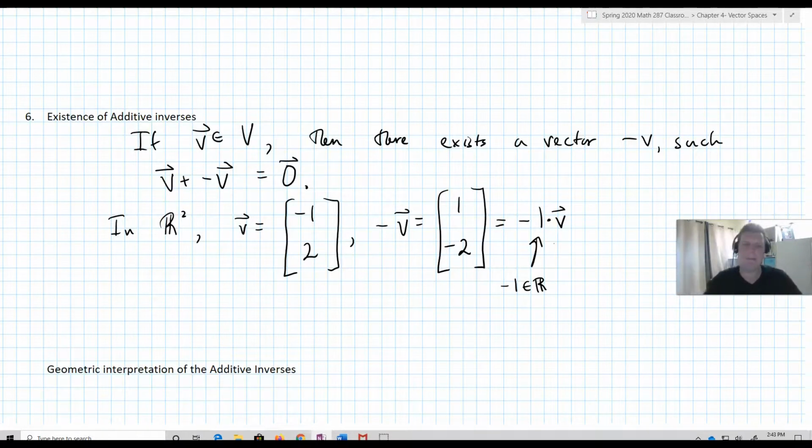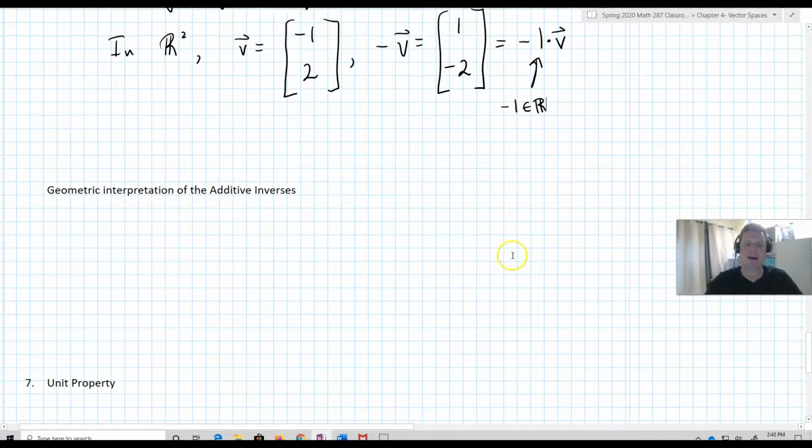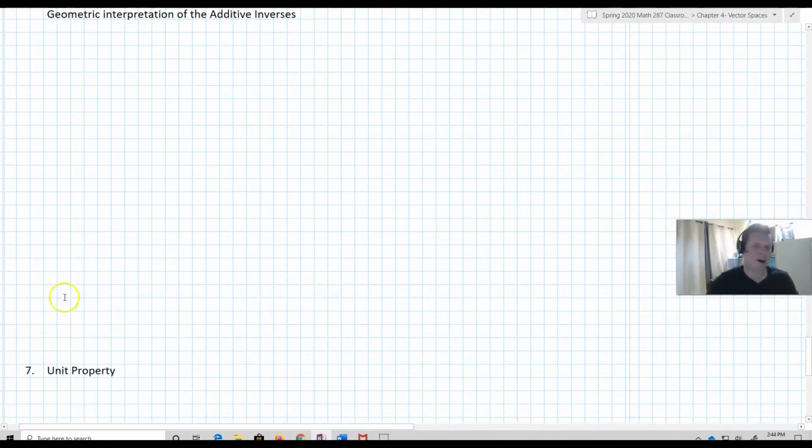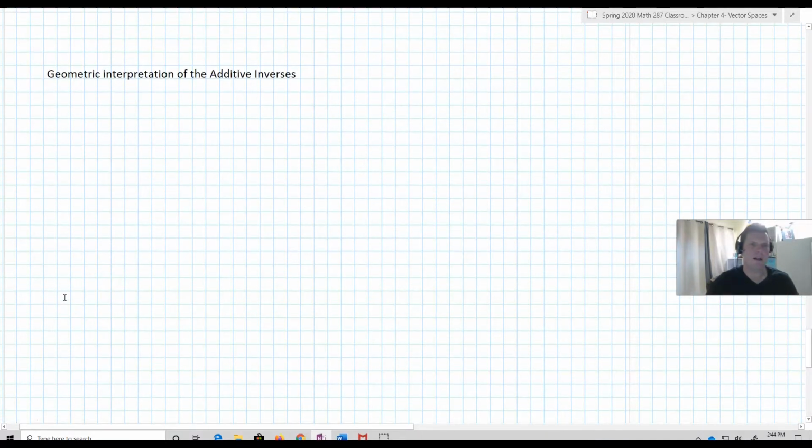Now, from a geometric standpoint, this becomes a powerful idea, and we're going to see it quite a lot.